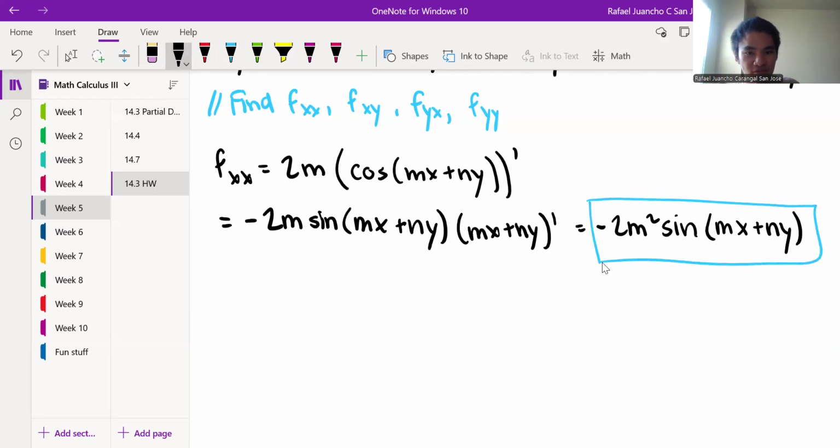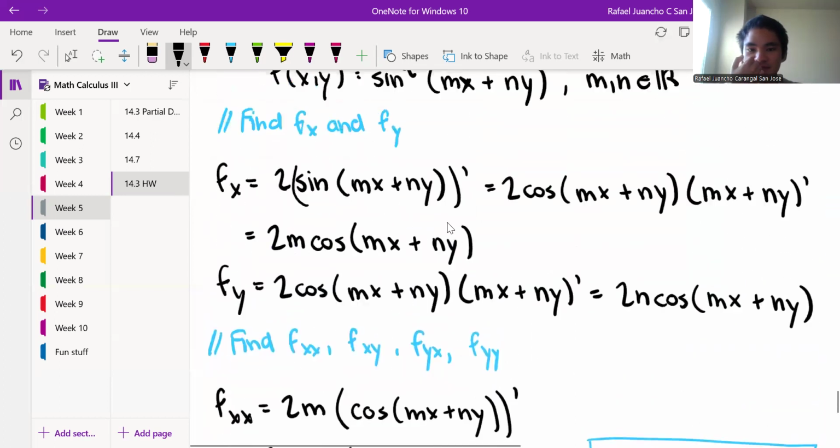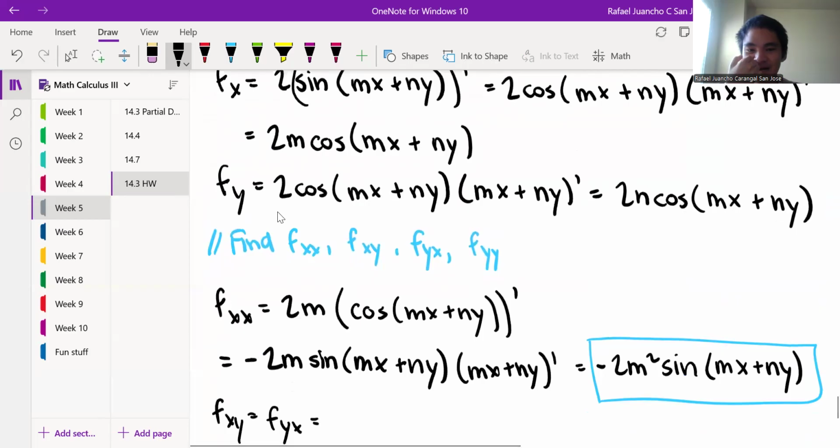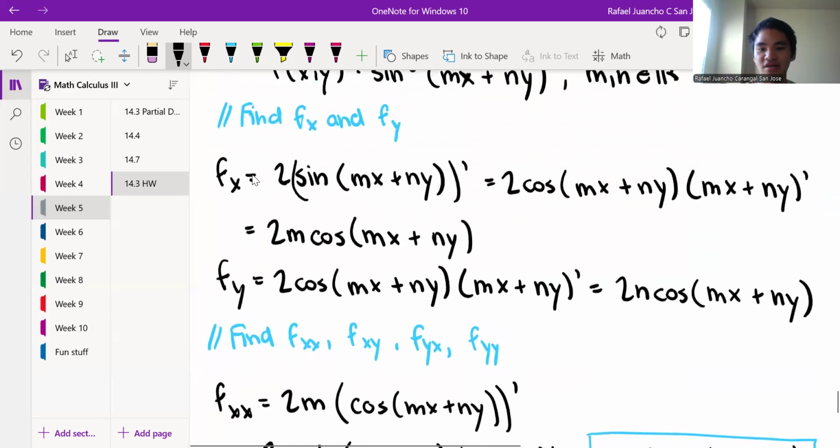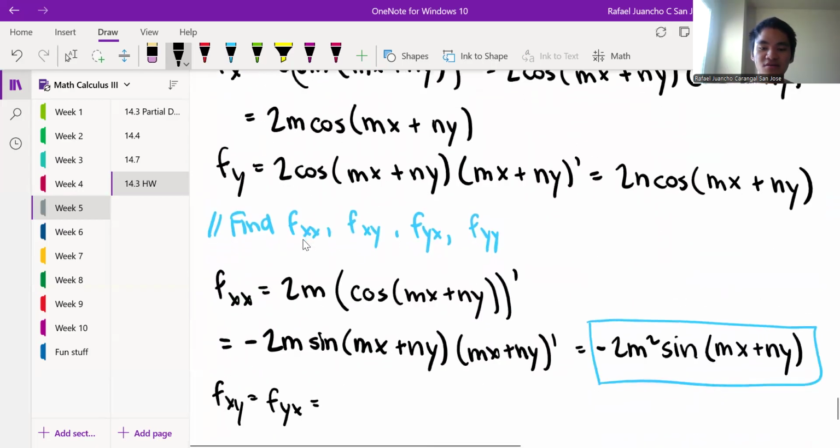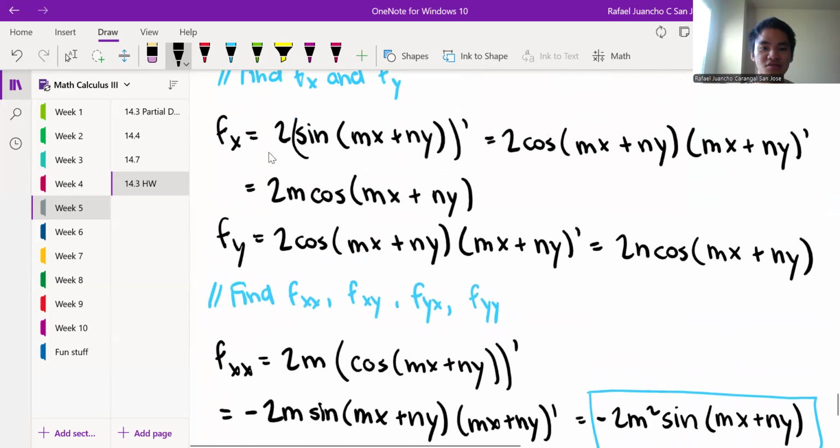That's one of them. Let's look at f_xy or f_yx. Any of them should work. We can do y and then differentiate it with respect to x, or we can do x and differentiate it with respect to y. I'm going to go with differentiating it with respect to x.